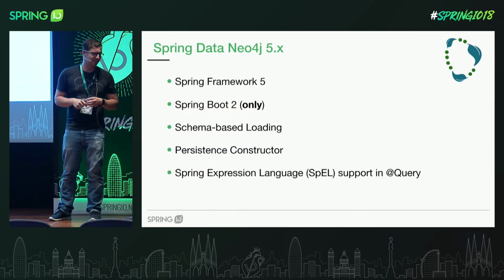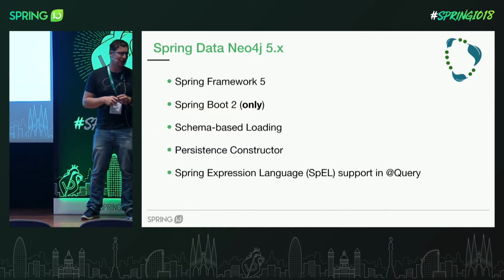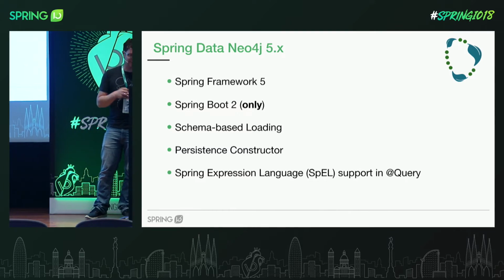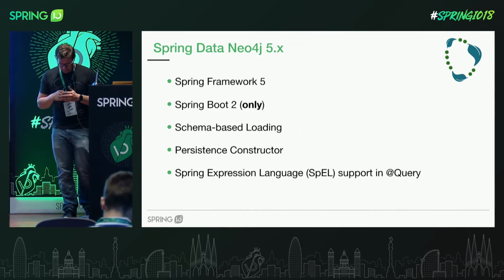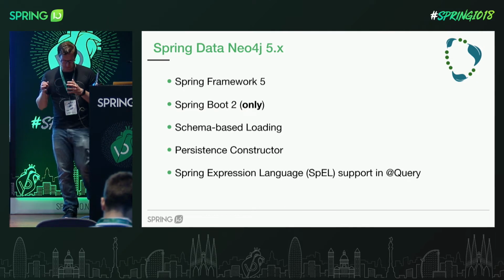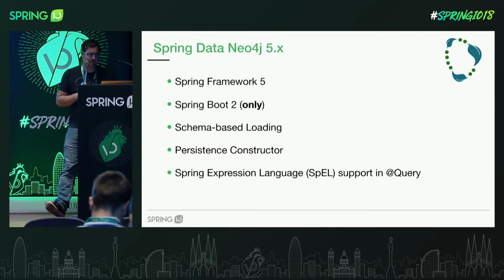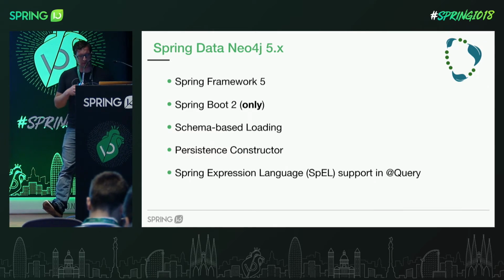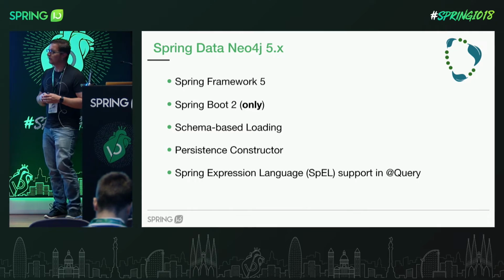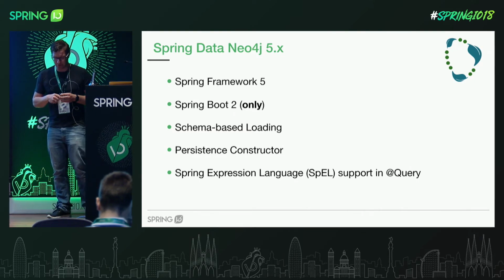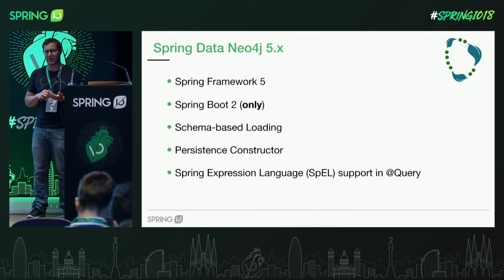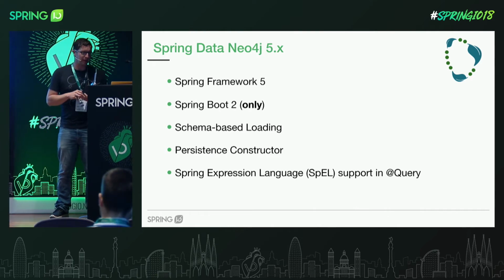So it's pretty complicated to get a stable version out there that will work in every case. But we are working on it. And as I said before, we now have SpEL support in the query annotation, so we're more lined up with other Spring Data projects.